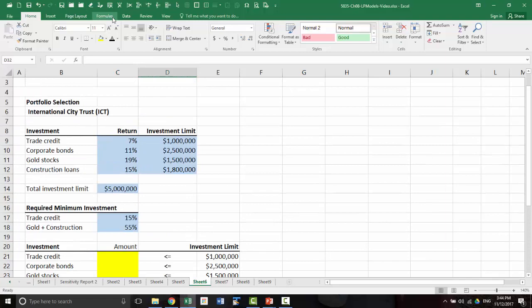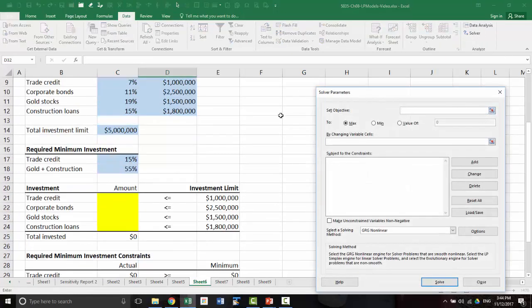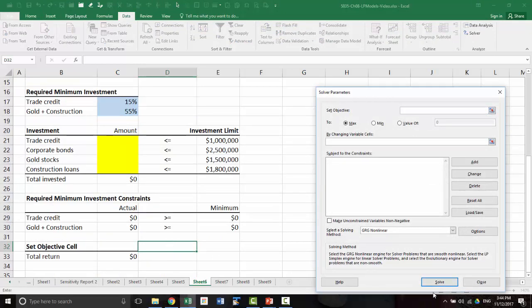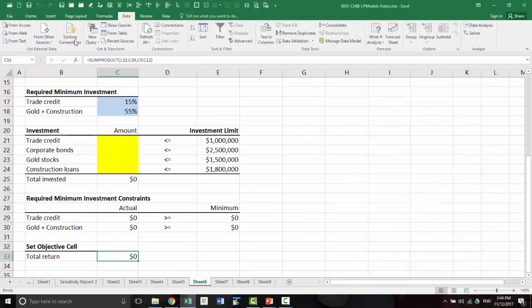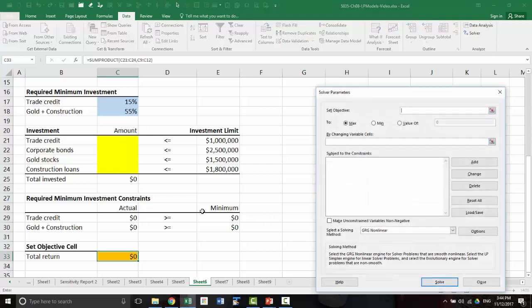Next is to solve it. Before that, let's color code this. Set the target cell, and then Data, Solver.